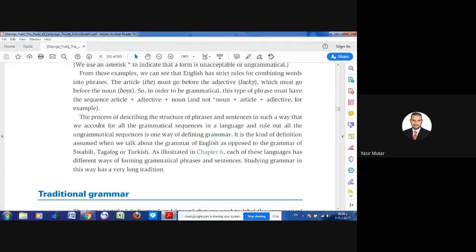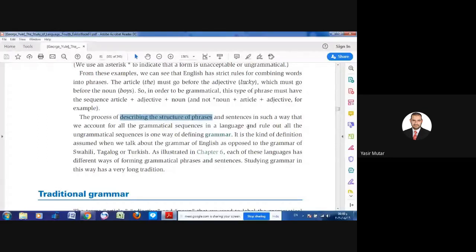It's here the process of describing the structure of phrases and sentences in such a way that we account for all the grammatical sequences in a language. This is one.